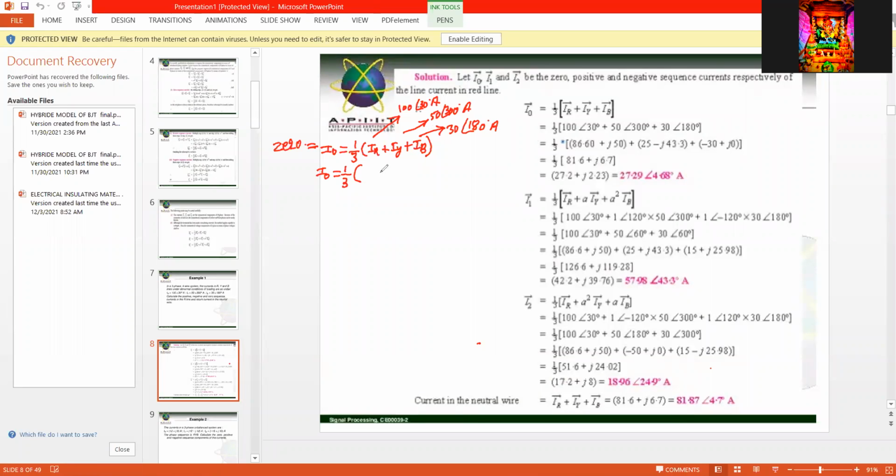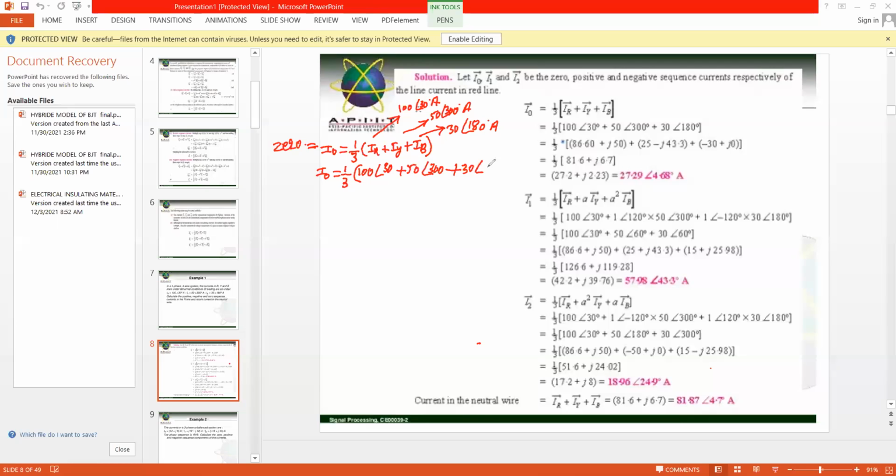Okay, so here substitute the value. This is in polar form. So 100 at an angle of 30 degree plus 50 at an angle of 300 degree plus 30 at an angle of 180.